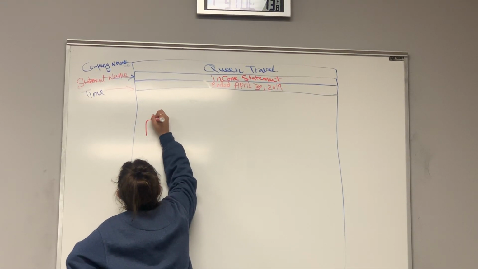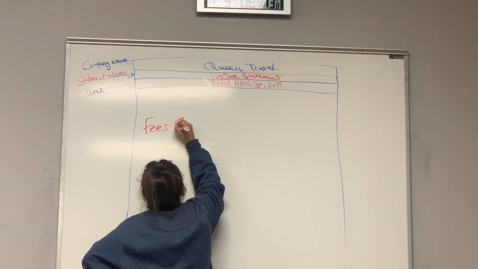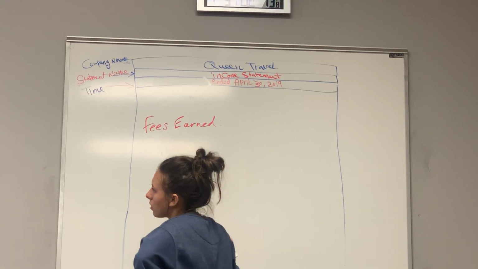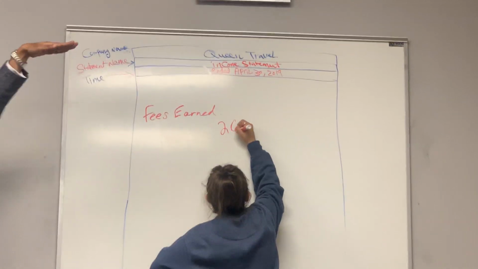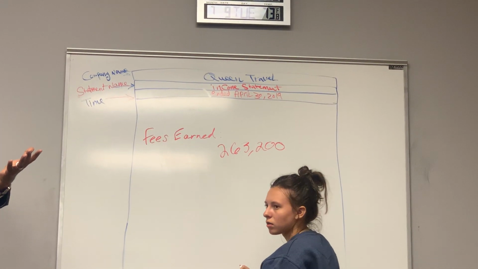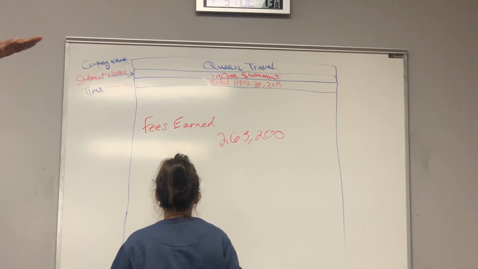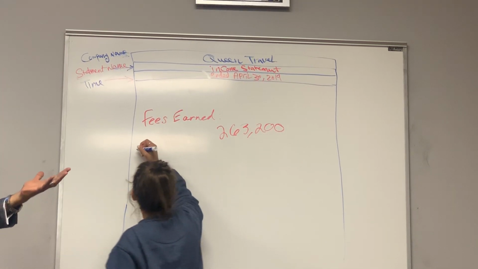You will do it here in order. We will start from what? Fee earned. Fee earned reflects revenue. The income statement consists of just two sections. Why is it difficult for you? Revenue subtract expenses equals profit or loss.